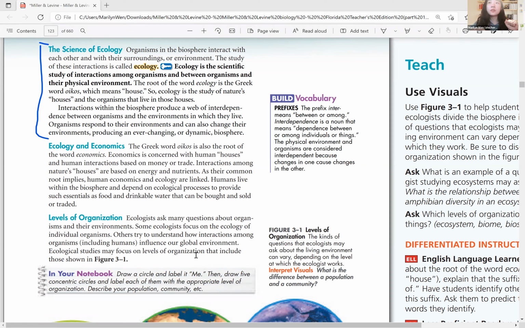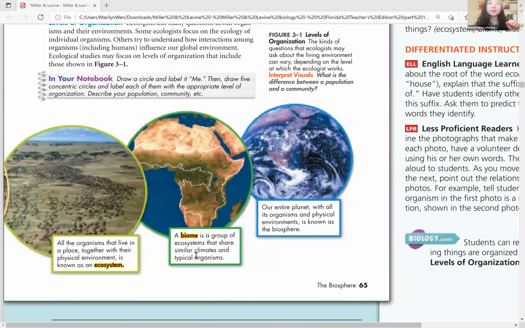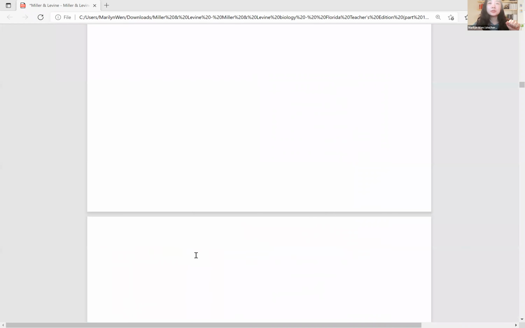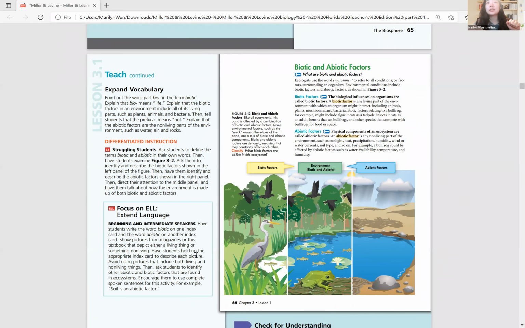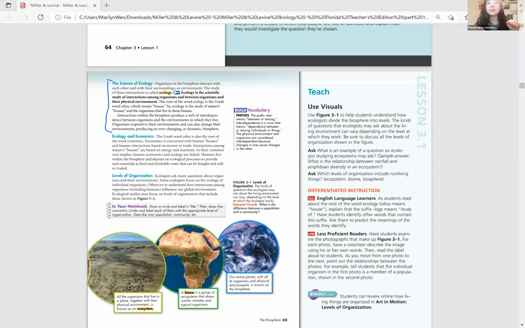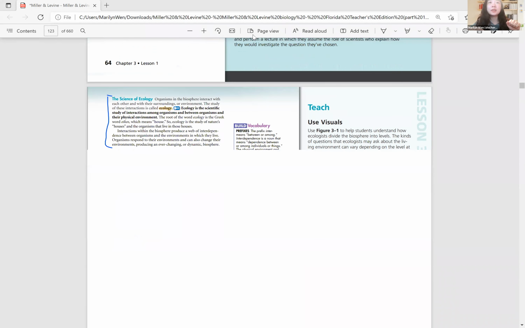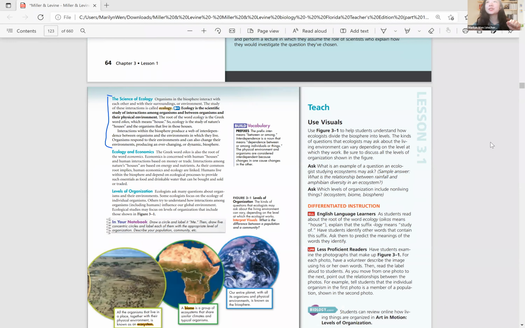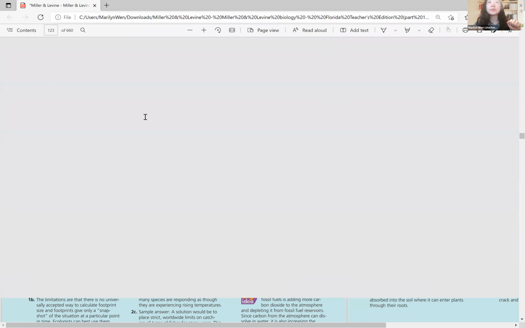Okay, so first of all, we need to understand different levels of ecology. It's split between two pages, unfortunately. Let me see if I can put both of them.